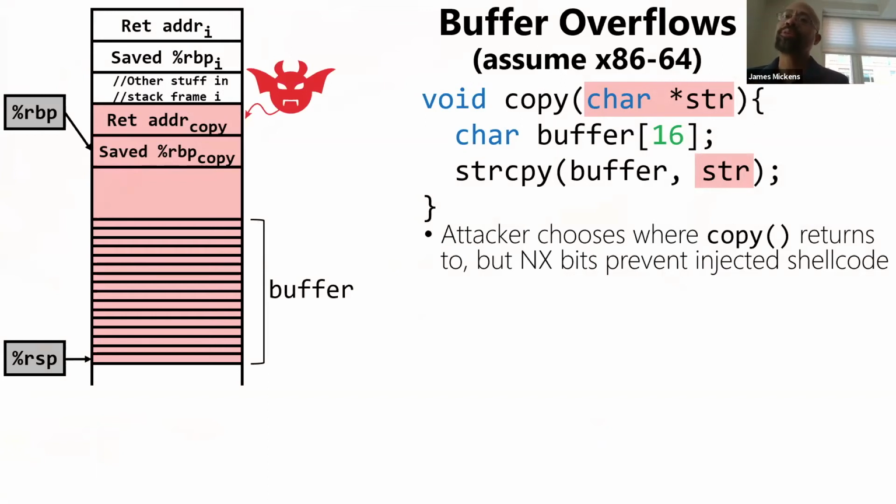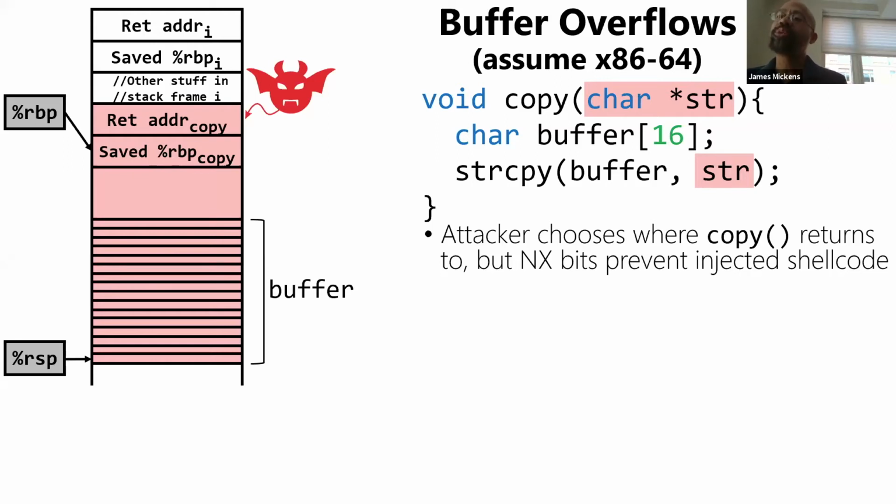So what does this mean? Well, we know that the attacker in this setup can still determine where a copy returns to, because NX bits don't actually stop the buffer overflow. The attacker can still supply a too long string, and that string can still use strcpy to overflow part of the stack. But there is a challenge now.